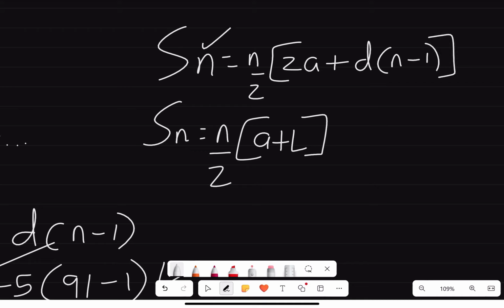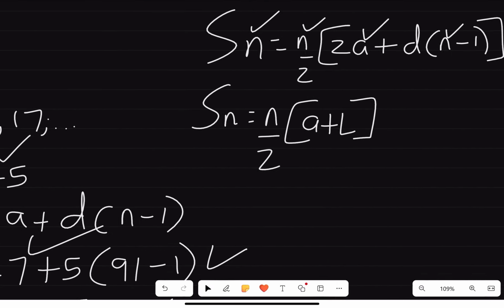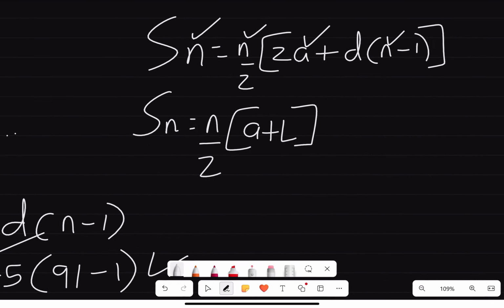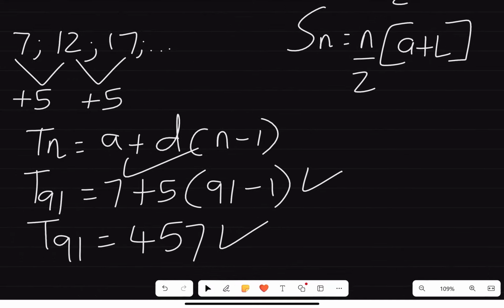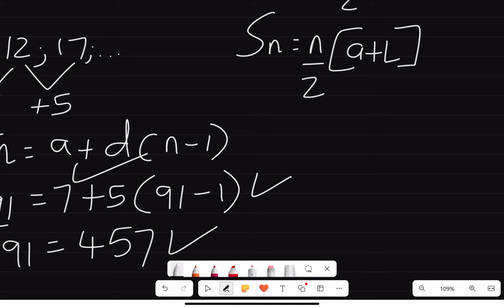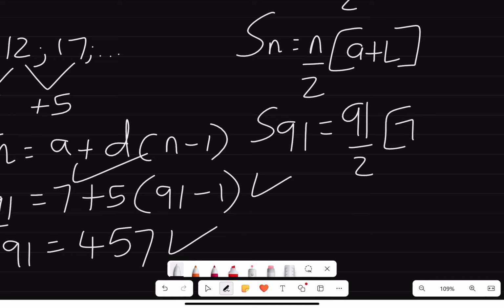So you can use that one. Your n is 91, so you're going to put 91 there. Our a is 7, and then our difference will be 5, and then you can get an answer. But I prefer to use this one because I know the last term. So S91, which is the sum of 91 terms, is the same as 91 over 2 into bracket the first term of 7 and the last term, which is the 91st term, which is 457.